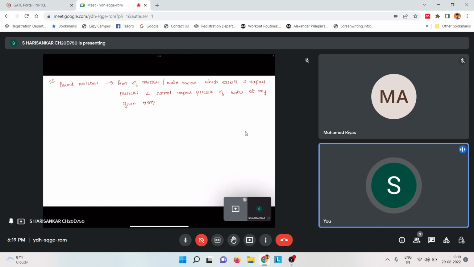So let's assume we have a solid like this, and let's say this is a wet solid, and it has a lot of crevices and cracks and all that stuff. Okay, so there is moisture which will be present on the surface of this solid, and then there will be moisture which is present inside the bulk of the solid.